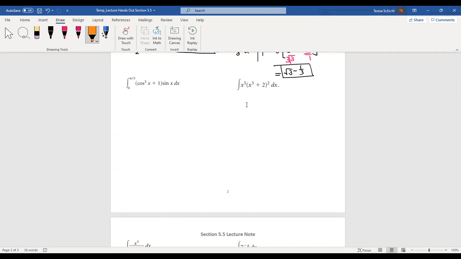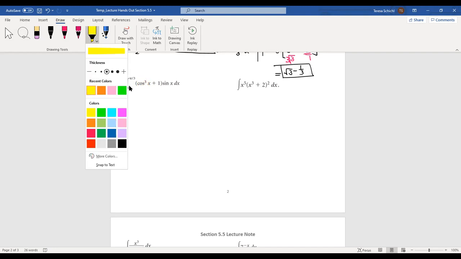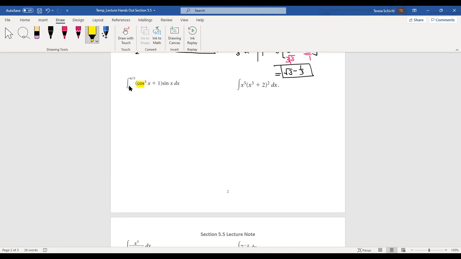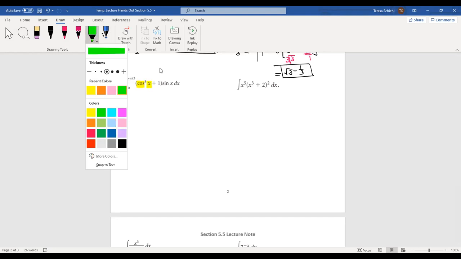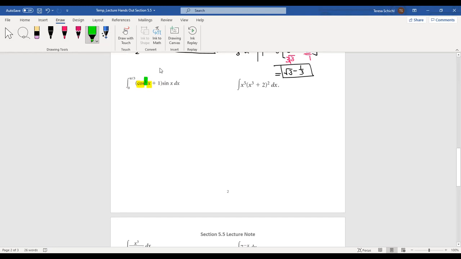For this example, it is cosine cubed x plus 1, times sine x. So I know how to find the antiderivative of cosine x, and I might want to use cosine x as my u. Now, my function is this cube.